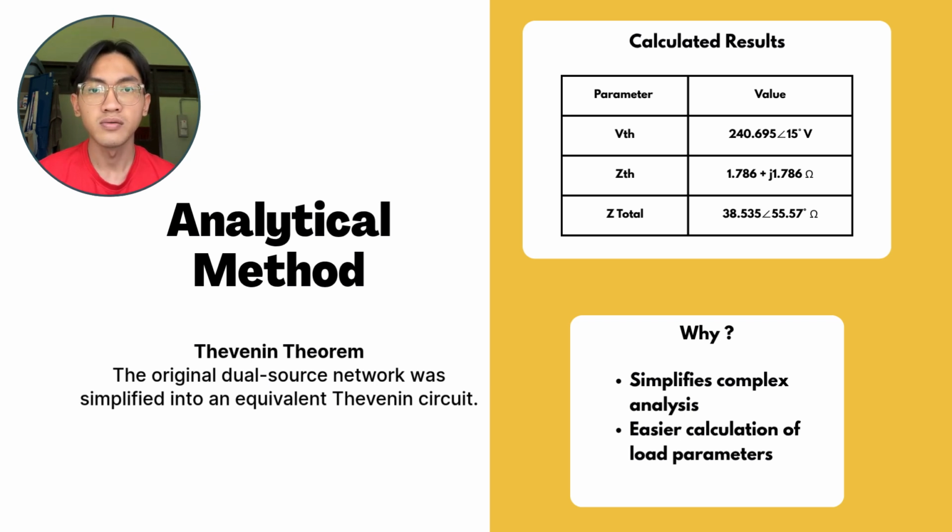From our calculations, the Thevenin voltage, VTH, is 240.695 volts with a 15 degree phase angle. The Thevenin impedance, ZTH, is 1.7896 plus j1.786 ohms. This step is very important because it helps us calculate the load part easily without doing the hard network analysis twice.